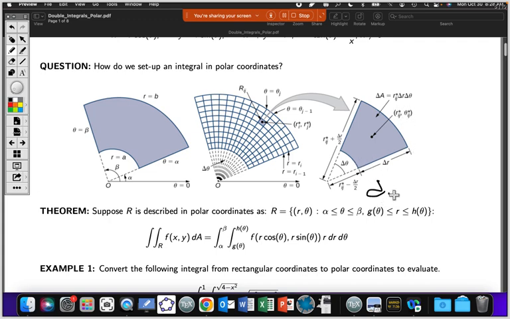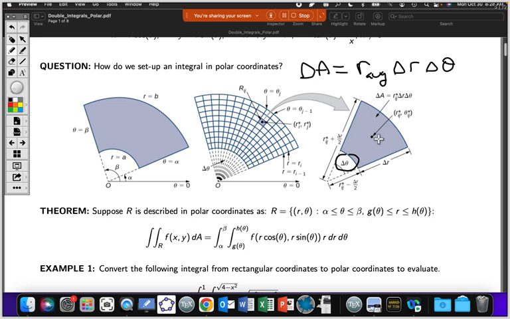So our dA is going to be our average radius times our dr times our d theta. Well, I should do it this way: our delta A would be our average radius times delta r times delta theta, because our angle here is delta theta.